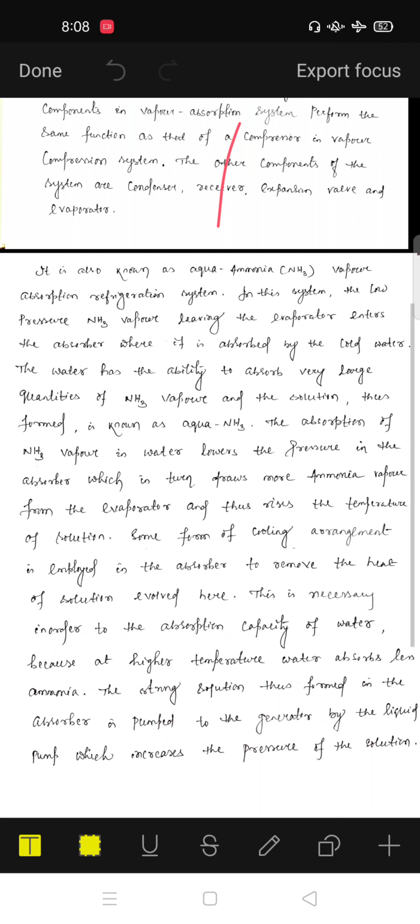Students, this is necessary in order to maintain the absorption capacity of water, because at higher temperature water absorbs less ammonia. The strong solution thus formed in the absorber is further pumped to the generator by the liquid pump.